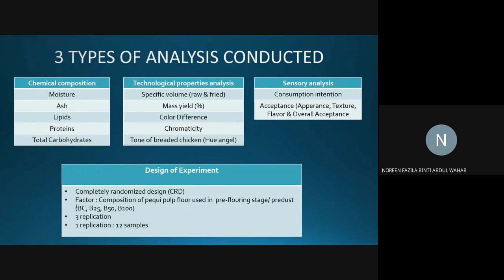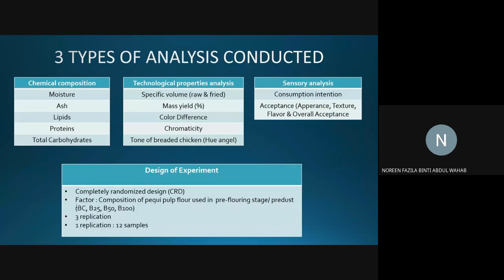For the design of experiment, this research is conducted under the completely randomized design. And the factor used for this DOE is composition of pickled pulp flour in pre-flooring stage or pre-dust: BC, B25, B50, or B100.